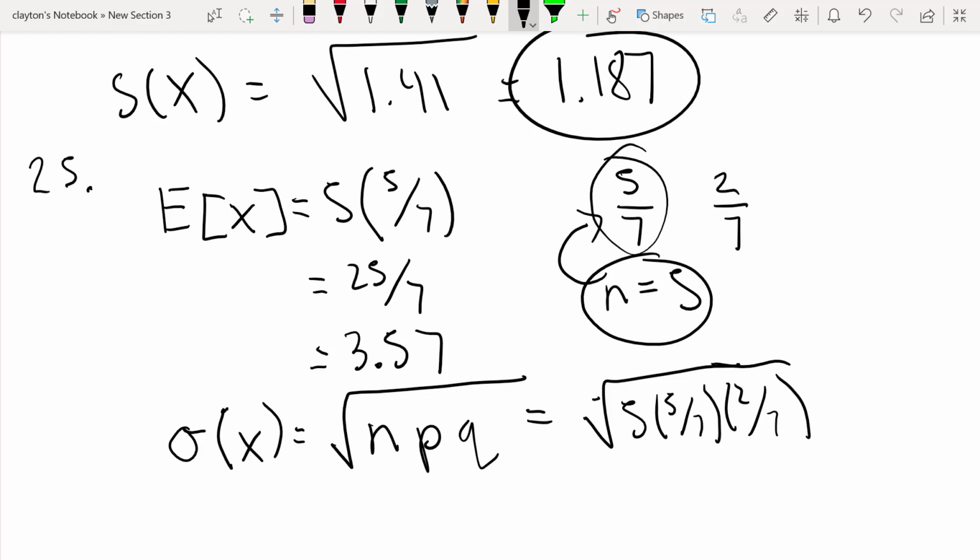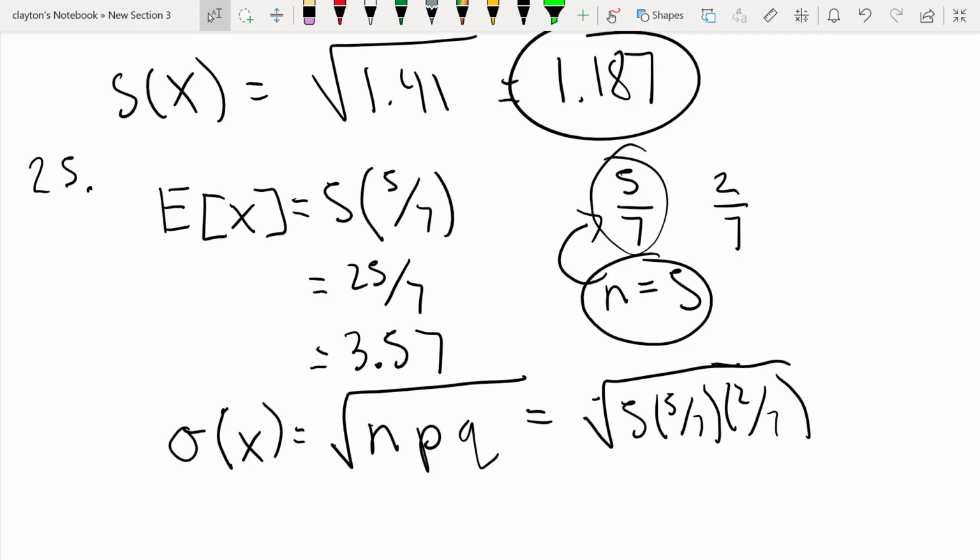And so in this case, 5 times 5 divided by 7 times 2 divided by 7, 1.02. Let's see if that's what the answer key was, and I miscalculated it before. This is for 25. Yeah, no, I got something different. So this was for standard deviation.